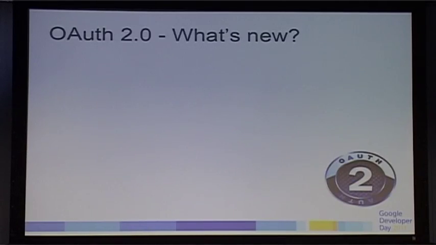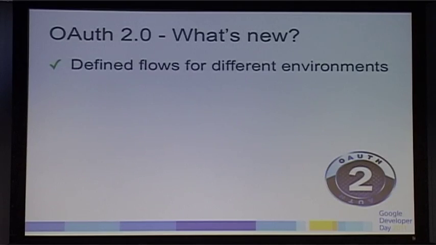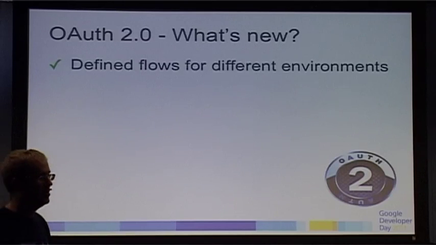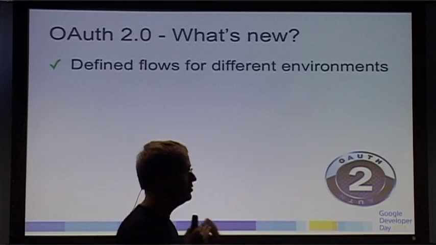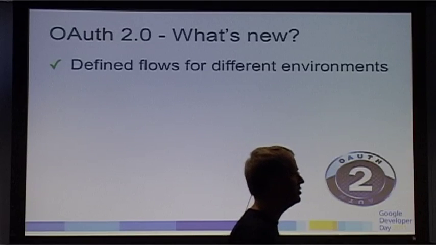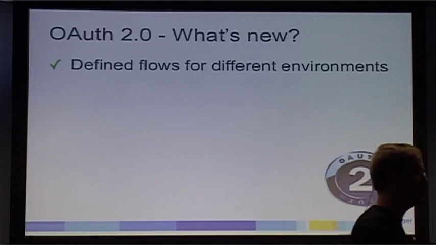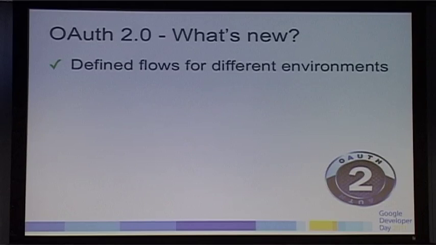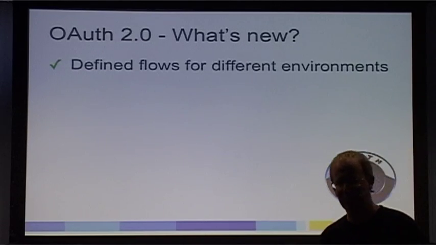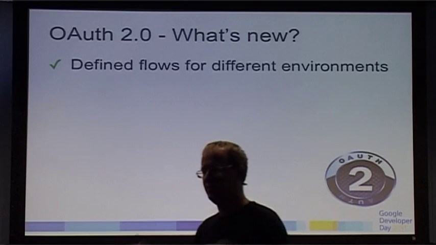But what's new here? Like I said, Google has supported OAuth 1, and many other API providers supported OAuth 1. But there's a big movement to OAuth 2 to make it better for you as developers. OAuth 2 offers defined flows for different environments. Think about mobile or desktop use cases. Those were handled by developers using OAuth 1, but in sort of hacky ways.